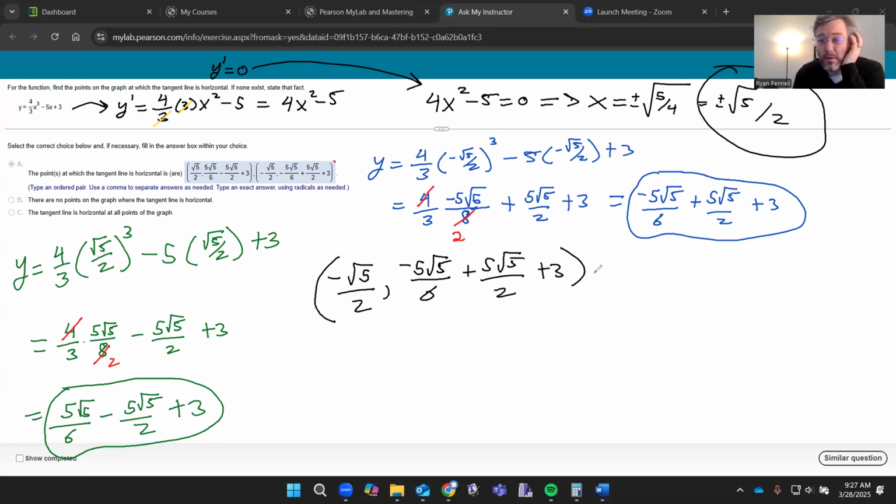So that's one of the ordered pairs. And then the other one is root 5 halves, 5 root 5 over 6 minus 5 root 5 halves plus 3.